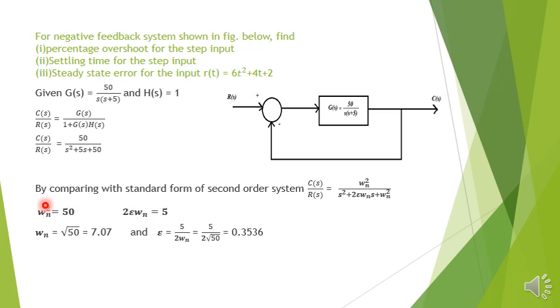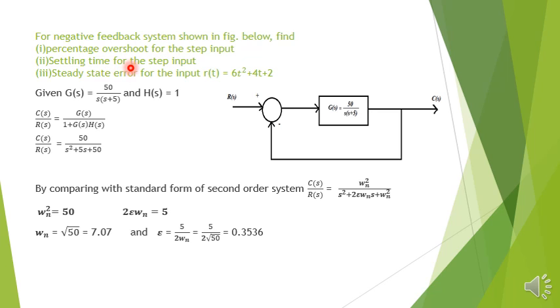So from omega n square equal to 50, omega n is equal to root of 50, that is 7.07, and 2 zeta omega n is equal to 5. So zeta is equal to 5 by 2 omega n, that is 0.3536.